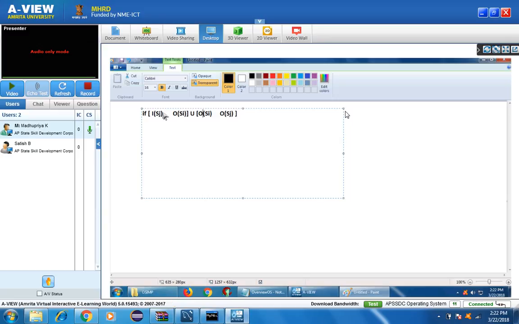This here it starts, here it ends. One more condition. Again, provides all execution of I of S of I, then again output of S of J. Three conditions are there.